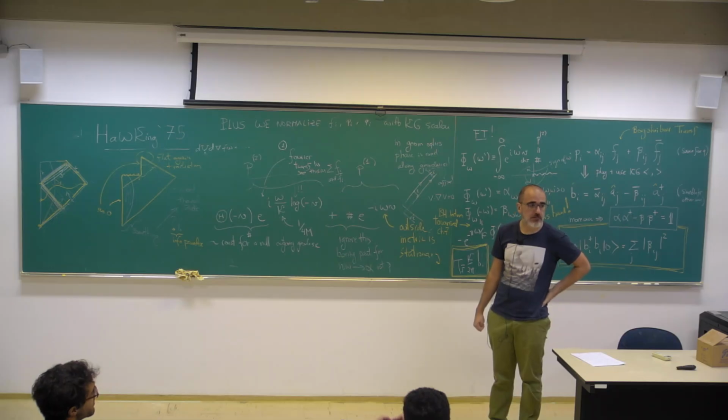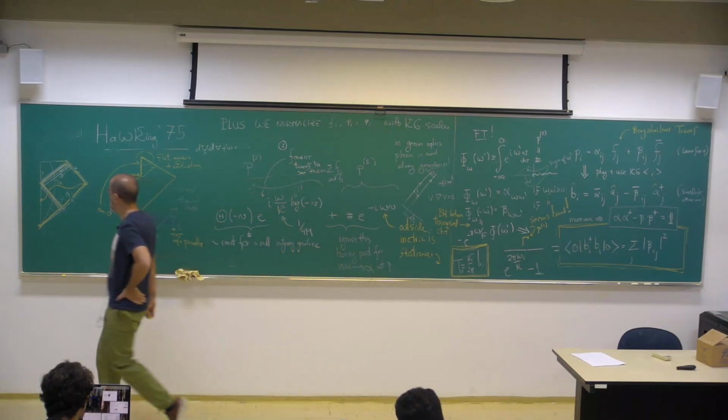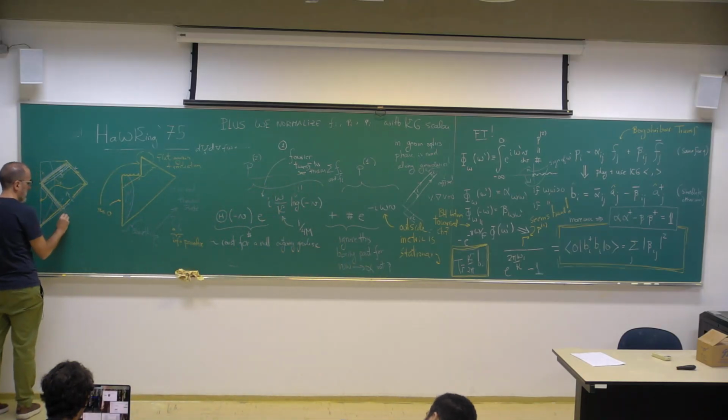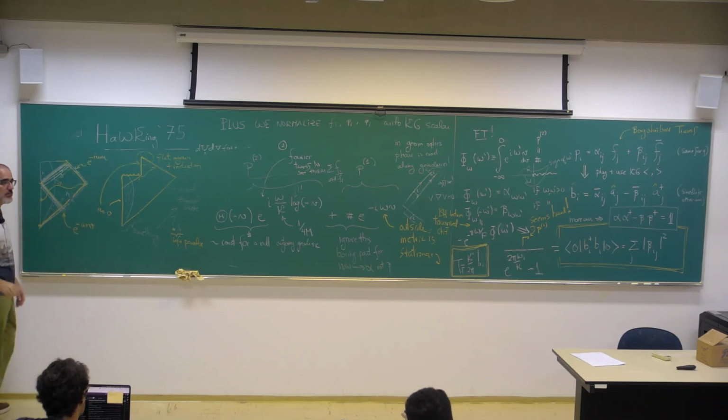But imagine that I want to do the calculation in a space-time that does not have this asymptotic region, or I want to know what an observer in a region that is not asymptotically flat will see from the radiation. Does this still apply, or do I need to do something else?